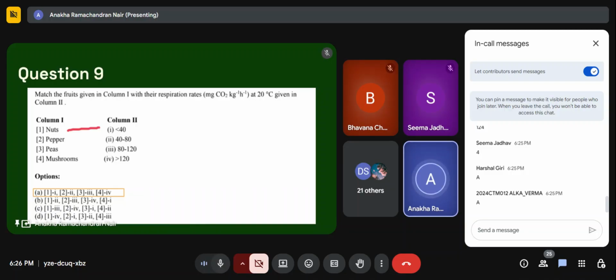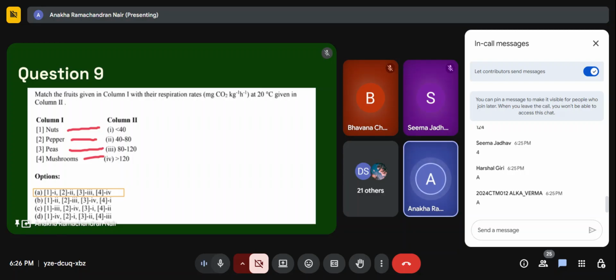Pepper, because they have low water content, right? They are also non-climatic, right? So they have lower respiratory rates. Peas have a slightly higher respiratory rate, and that's why they spoil quicker. And mushrooms have the highest respiratory rate among these four options given to you, and they spoil very quickly, right?